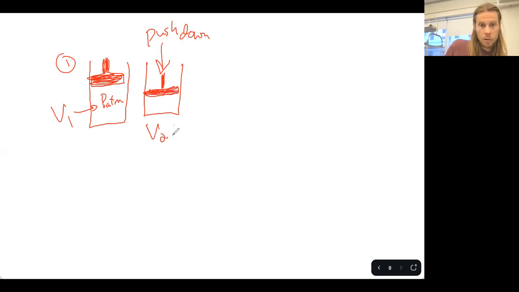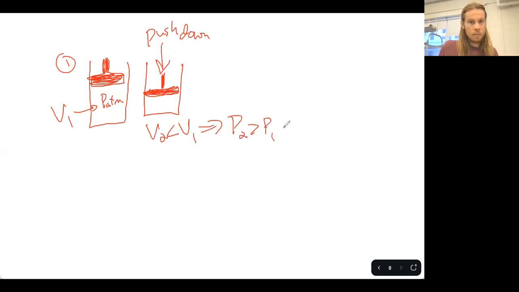So V2 is less than V1, and as a result, P2 is greater than P1. And as we're going to see, pushing down actually adds energy. And so what we need is actually heat to leave, because this is adding what we call work. I'll formally introduce that a little later. So I'll just let you know that's what's happening.